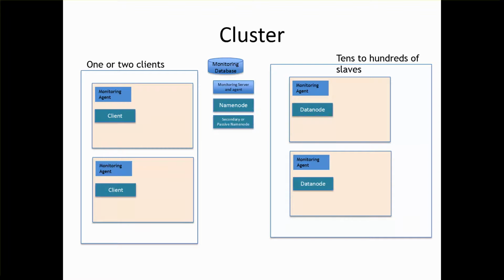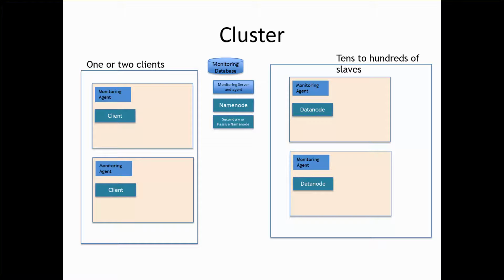And then when we talk about HDFS, we will have at least two masters, name node and secondary name node, and we will have a data node on each of the slaves, and we will have clients configured for our Hadoop cluster. So typically you will only copy data from the client into HDFS.